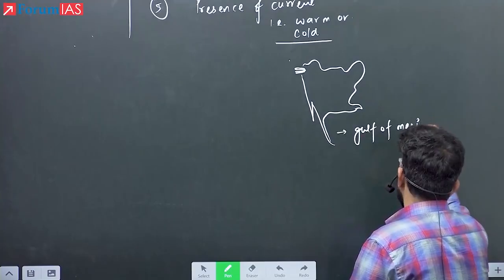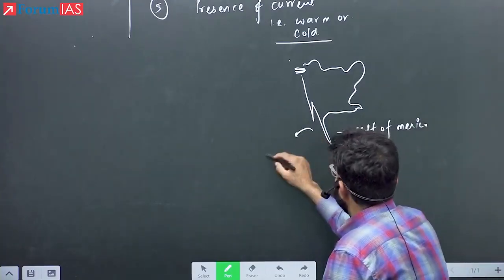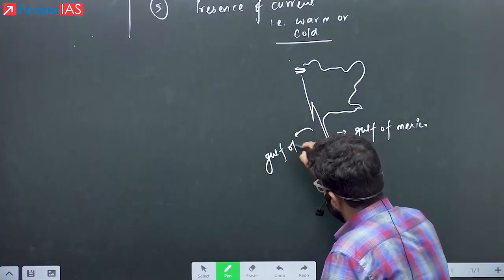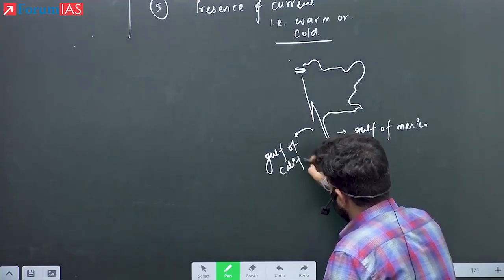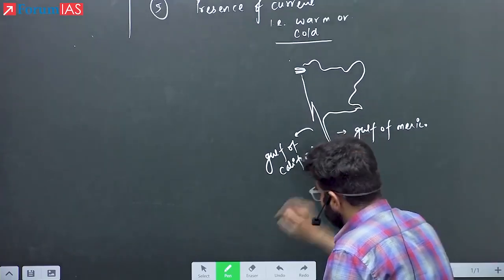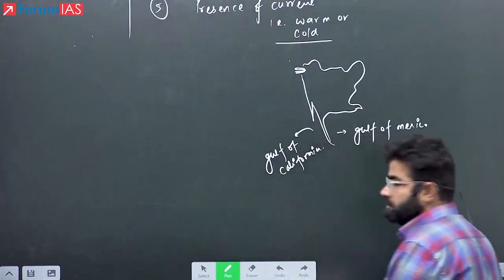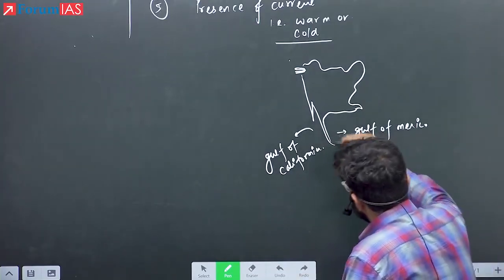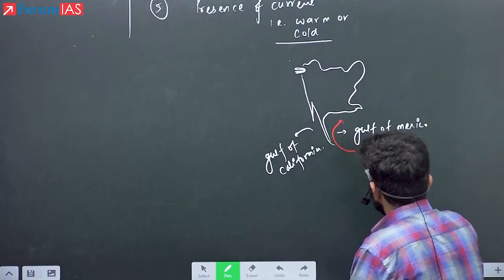Gulf of Mexico and Gulf of California. Now tell me where the temperature of the water was more. Gulf Stream. This is the Gulf Stream. So Gulf Stream is warm.